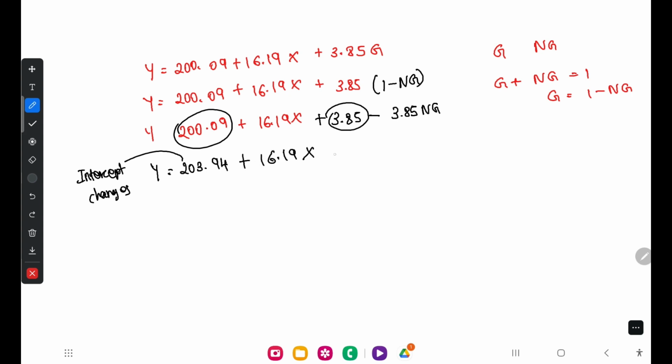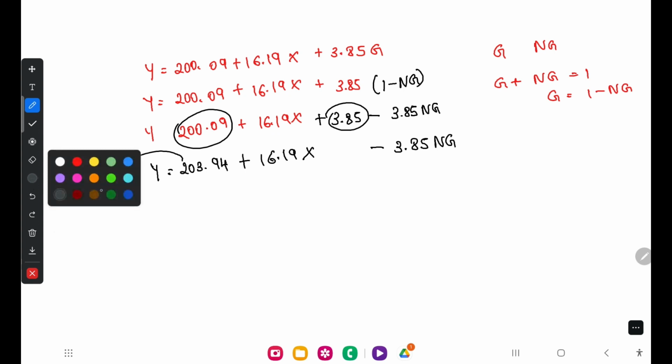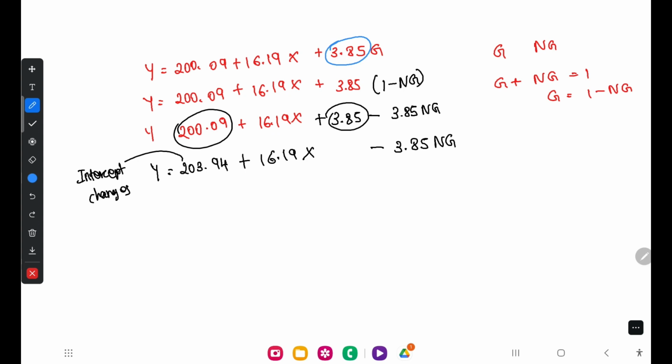So y equals 203.94 plus 16.19x minus 3.85 ng. Now if you all notice, my intercept has changed. How? Because we have added this 200.09 and 3.85. So as a result, intercept changes. What about my coefficient of the dummy variable? Has it changed? Here also it's 3.85, here also it's 3.85.